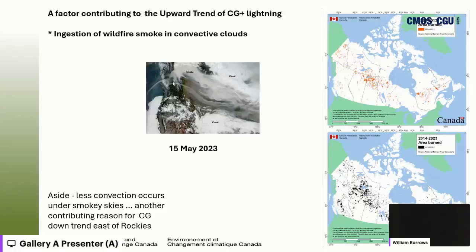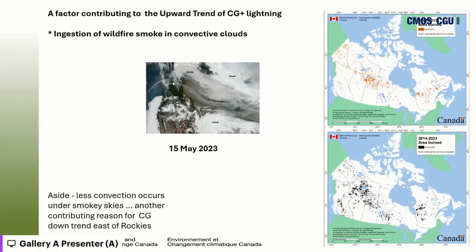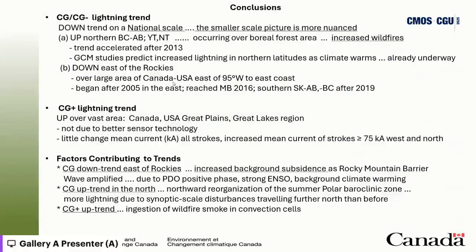And also, as an aside, less convection occurs under smoky skies, as we saw in the first talk. So that is another contributing reason for the cloud-to-ground downtrend east of the Rockies.